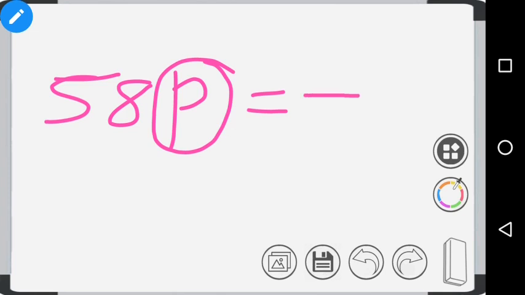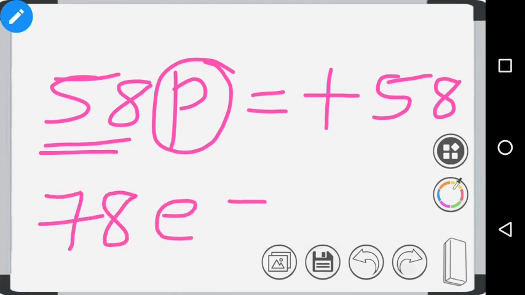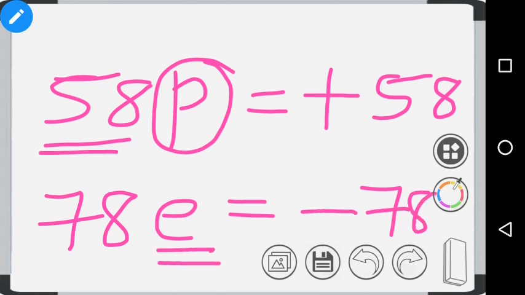It is positive. You all understand. How many protons are there? 58, so I am making it 58. There are 78 electrons. What is the charge of the electron? Negative. That's it. So you have to represent this number.